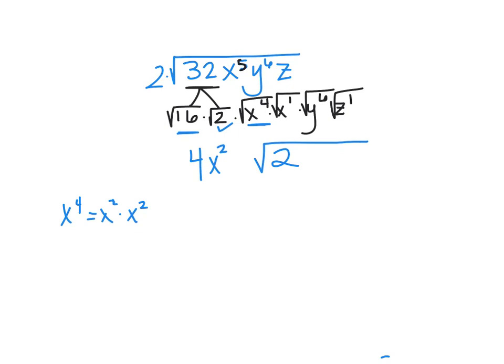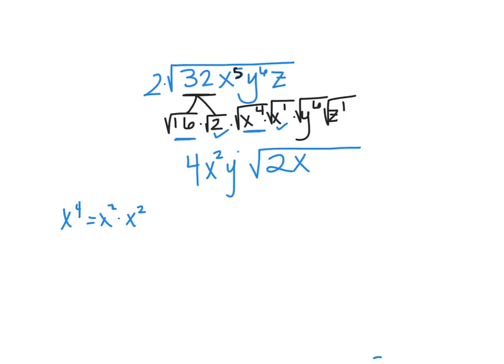And then we have x to the 1st, which will be left under the radical because it's not a perfect square. Y to the 6th, so y to the 3rd, because y to the 3rd times y to the 3rd is y to the 6th. Remember, you're adding these together. And then we have z to the 1st left over, so z is left underneath the radical.